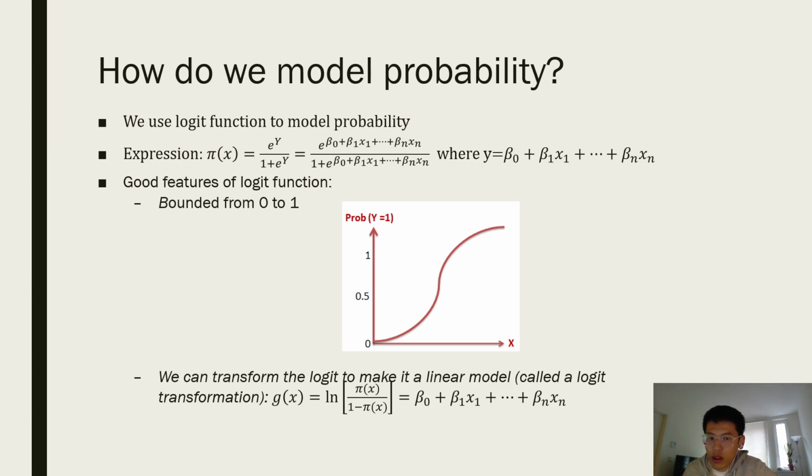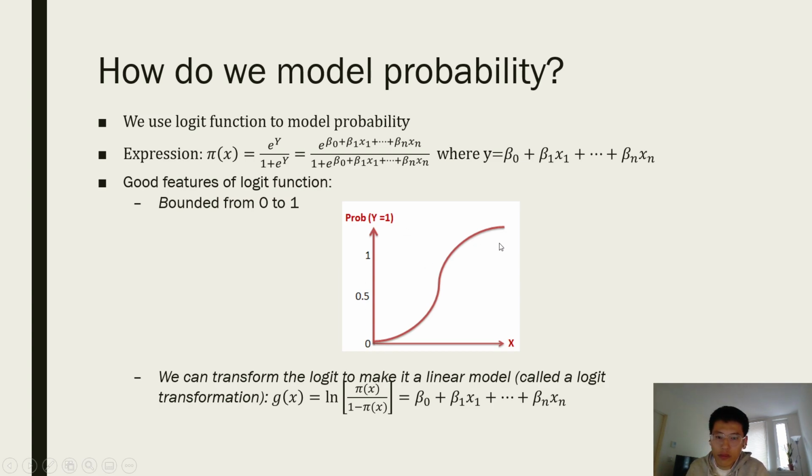But the logit model has two asymptotic lines, one at 0 and the other at 1. This little picture is not so accurate, but it is bounded. So y is bounded between 0 and 1.